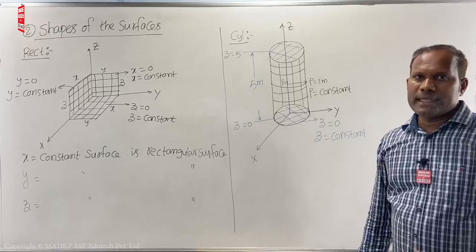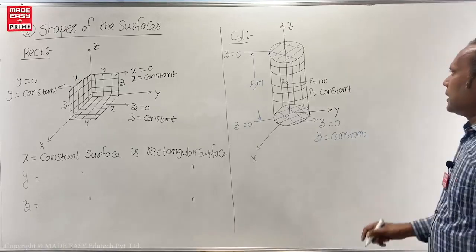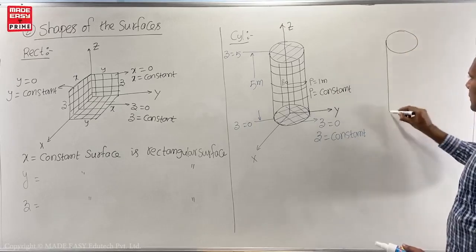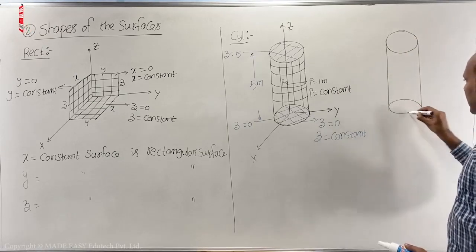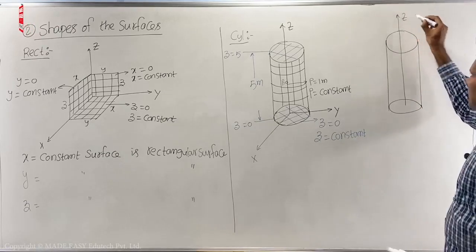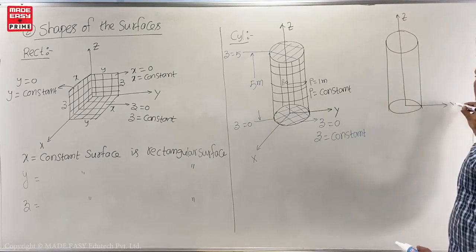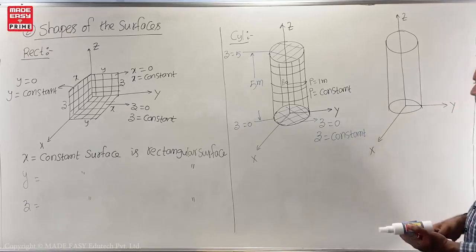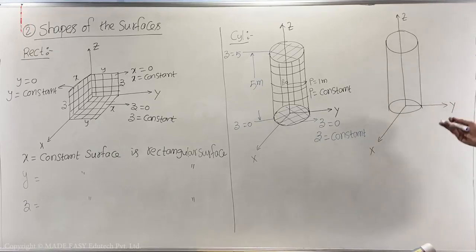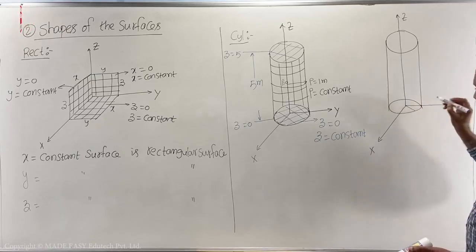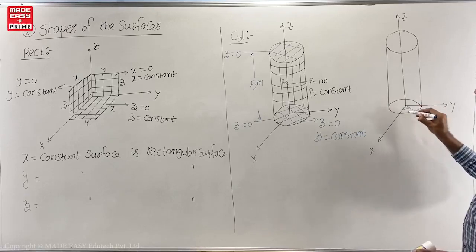Now you take here cylinder like this. Now this is the z axis and this one is y axis, this one is x axis. If I take here one line like this, then this is phi angle.